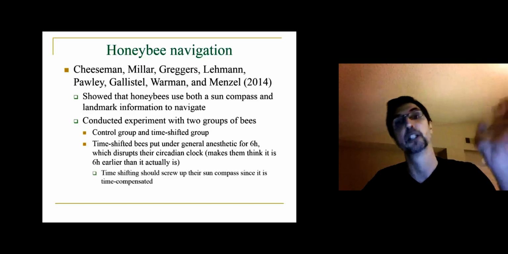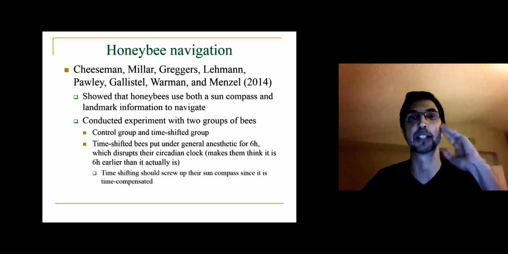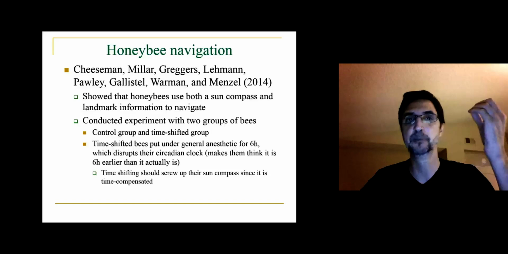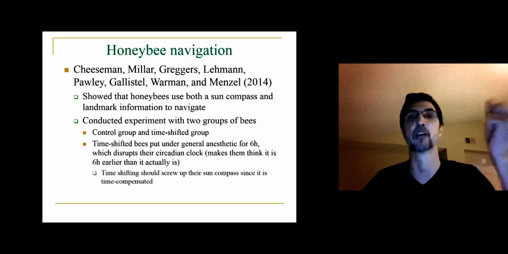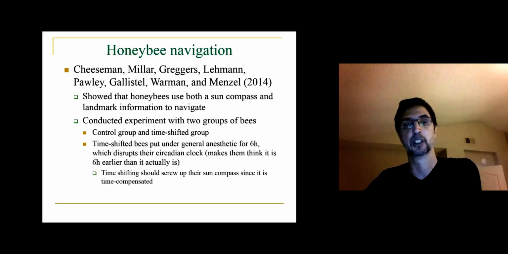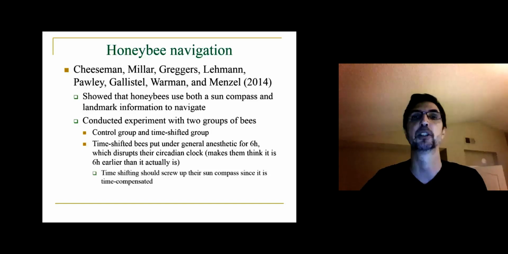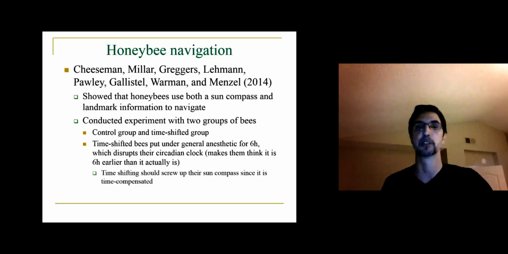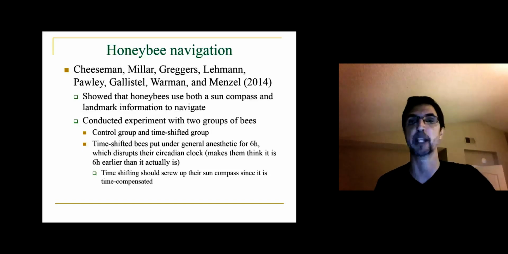If you knock them out for 6 hours, when they wake up, they think it's actually 6 hours earlier than it actually is. So time shifting should mess up their sun compass, because the sun compass takes into account time of day.